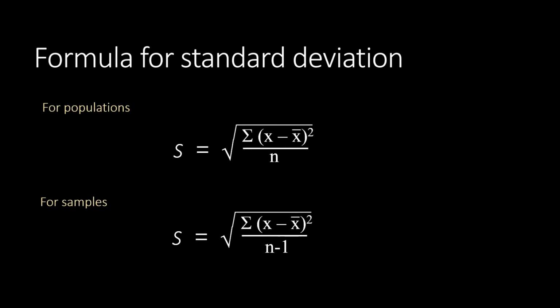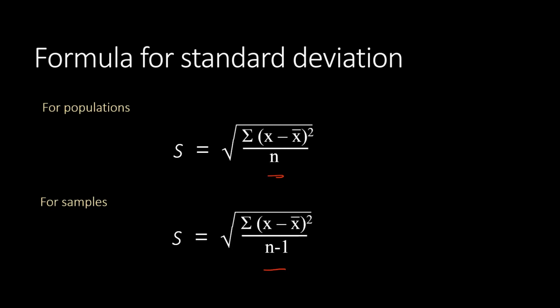So that is a population. We've not taken a sample of it. If we'd taken the marks for 10 of those 20 pupils in each case, we would have had a sample. And you can see that the formula is just slightly different. Down here you've got n for the population and n minus 1 for the sample. You don't need to worry about that.